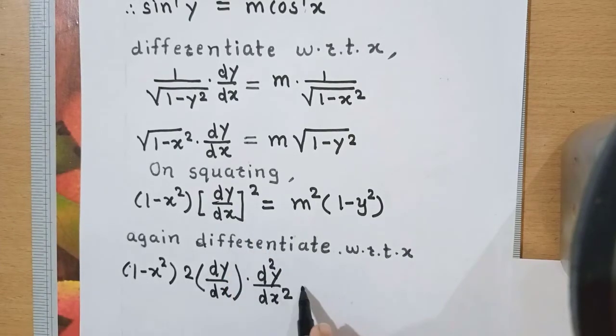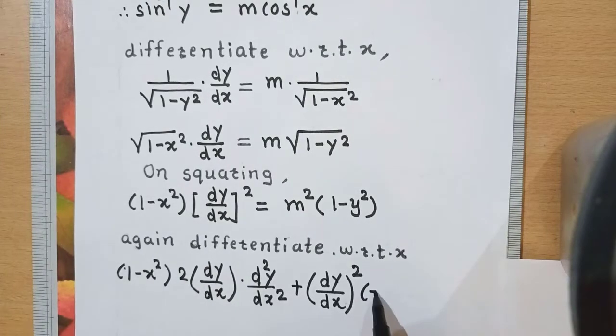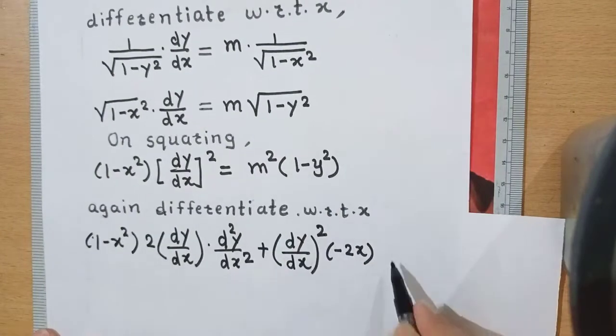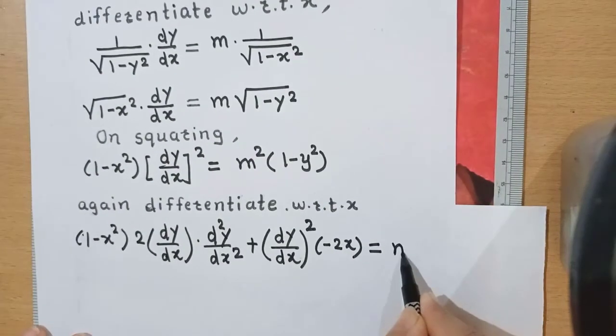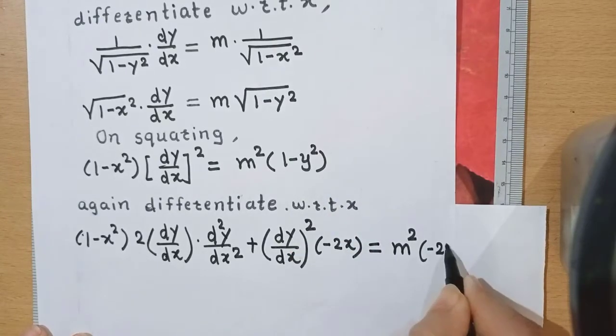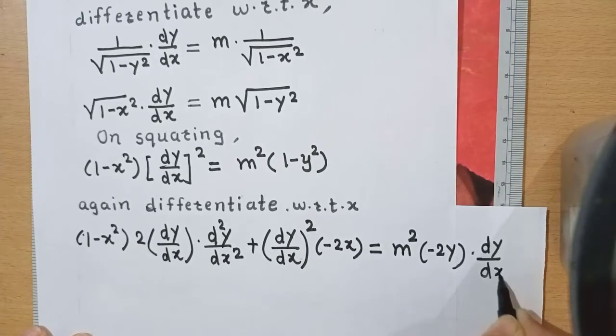Now second term as it is, so here dy by dx bracket square and derivative of this which is minus 2x, and that is equal to derivative of right hand side, so m square is constant and this is minus 2y and here dy by dx.